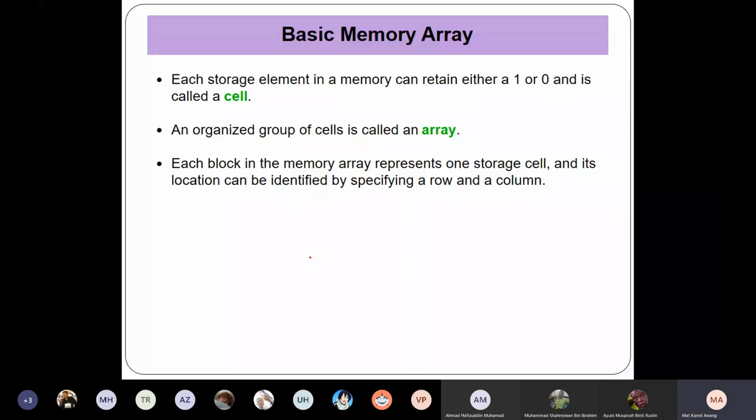And these cells are organized as an array. Each block in the memory array represents one storage cell, and its location can be identified by specifying a row and a column. You give the location of the row and the location of the column, then you get that particular byte and that particular bit.